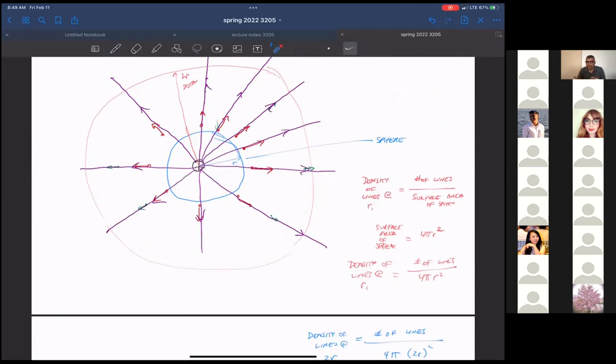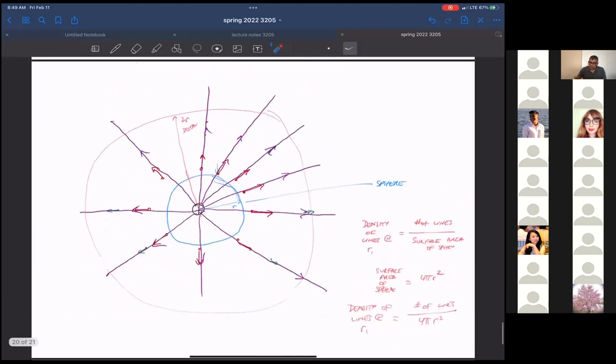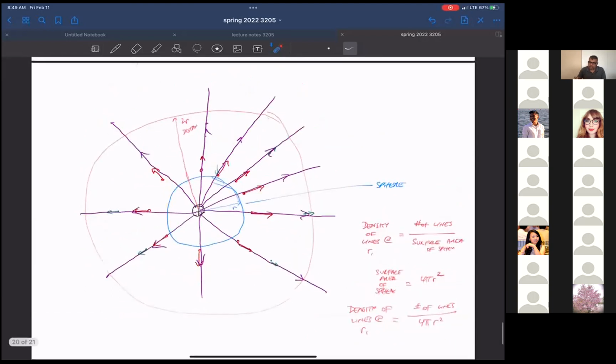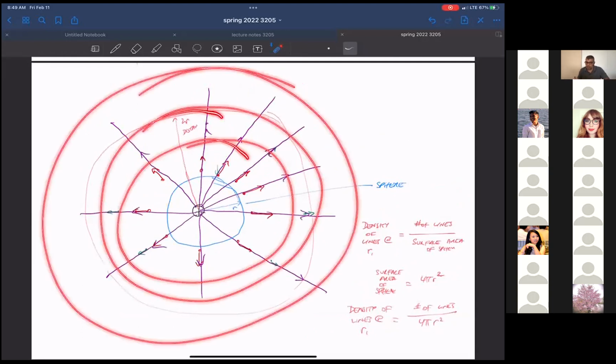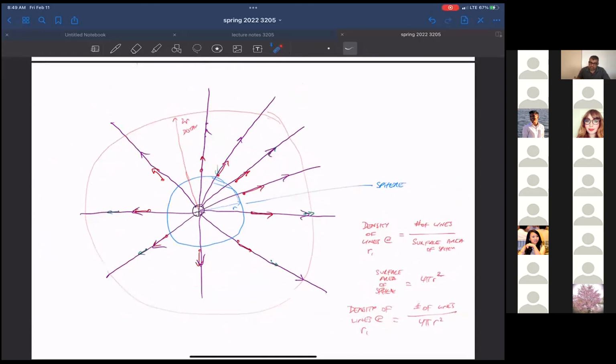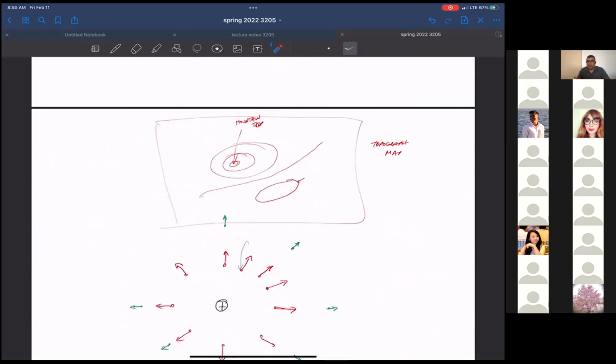Professor, can we have infinitely many spheres? Or how many spheres does an E field have? Yeah, it's just basically you're thinking as you're drawing these, where am I gonna be? But remember, this is a visual map. Cesar, are you familiar with topographic maps?